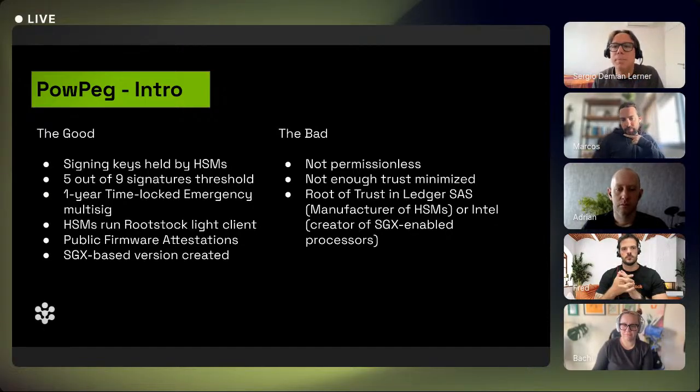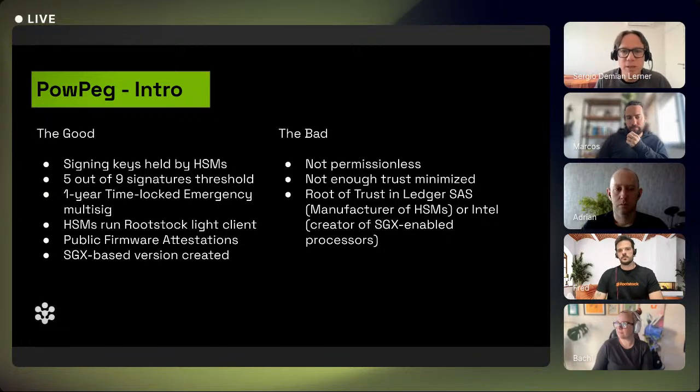But there is a bad thing about this. It's not fully permissionless, because since we have a majority assumption over the set of pegnatories, we cannot let anyone participate, as they could dilute the security with a cyber attack. So it's not as trust-minimized as we'd like it to be.